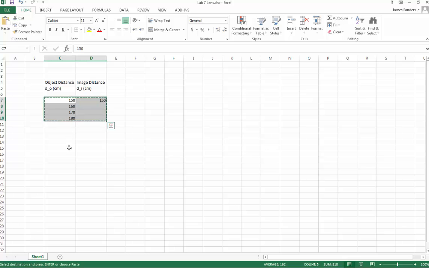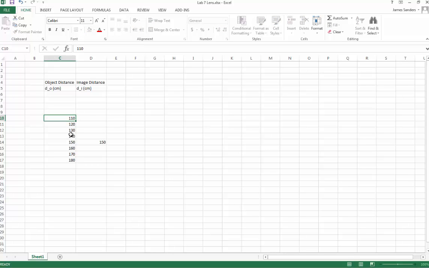So I'm going to go ahead and move this stuff down here out of the way, and we'll have a 140, a 130, a 120, and a 110. And this gives us, if you're keeping count, the 8 pieces of data that we need.